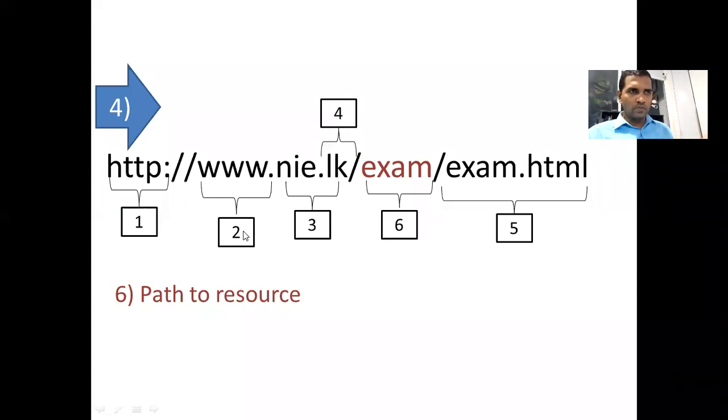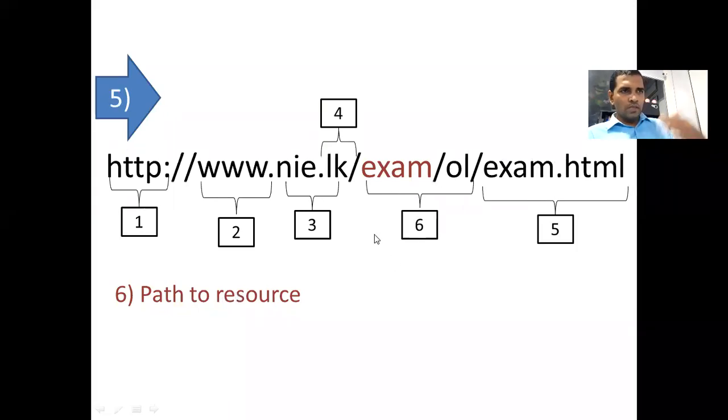Third, ni.lk, domain name. Fourth, top level domain name. Fifth, web page or resource, sometimes called file name. 6, actually it's a folder, but since that folder shows the path for the file, that can be called path, path to resource. Even you can take that as a folder.